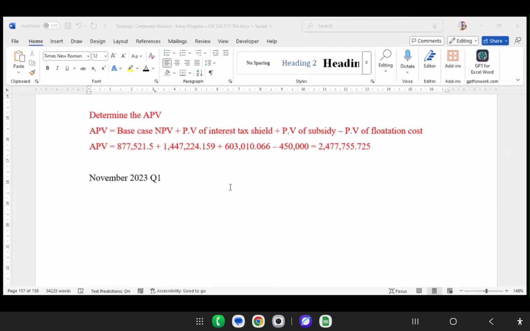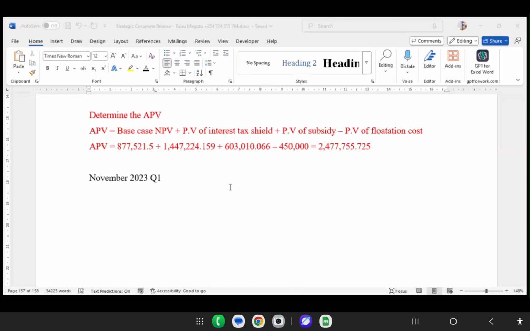To expand capacity and meet its national strategic plan, the government has also allowed the company to repay the principal in a single payment at the end of the loan duration. The question is, you are told: required, using appropriate calculation, estimate the adjusted present value of IPL's proposed investment.